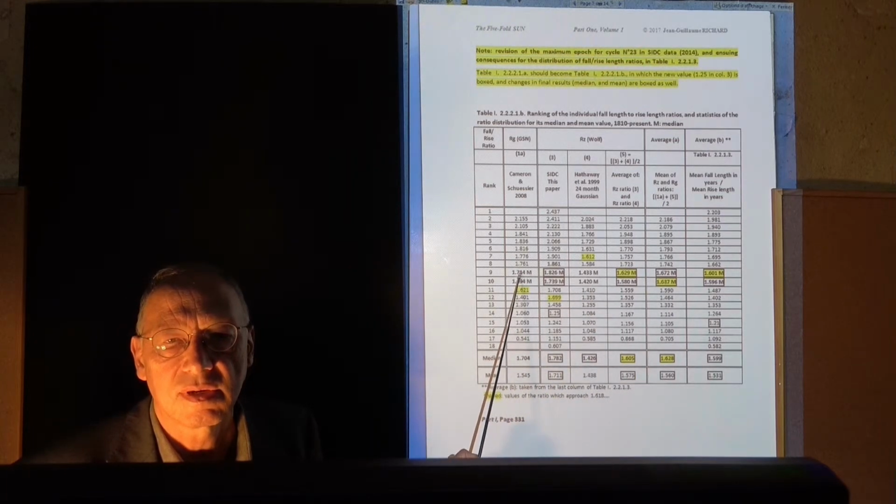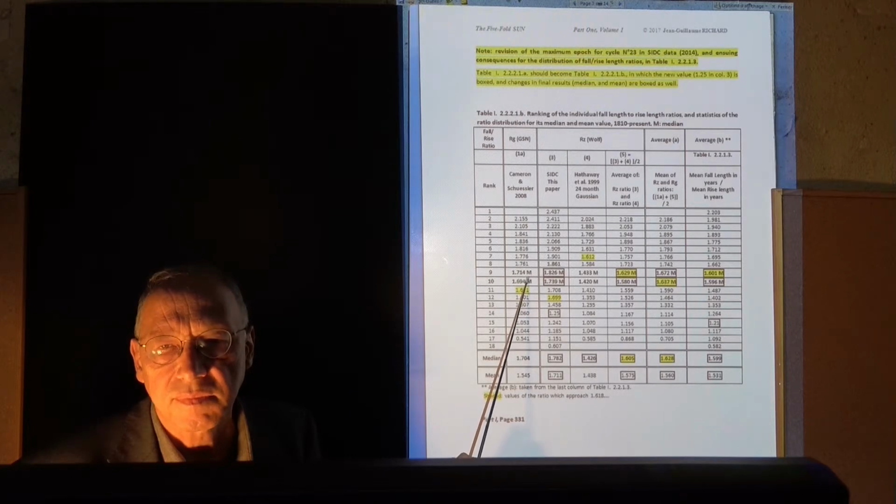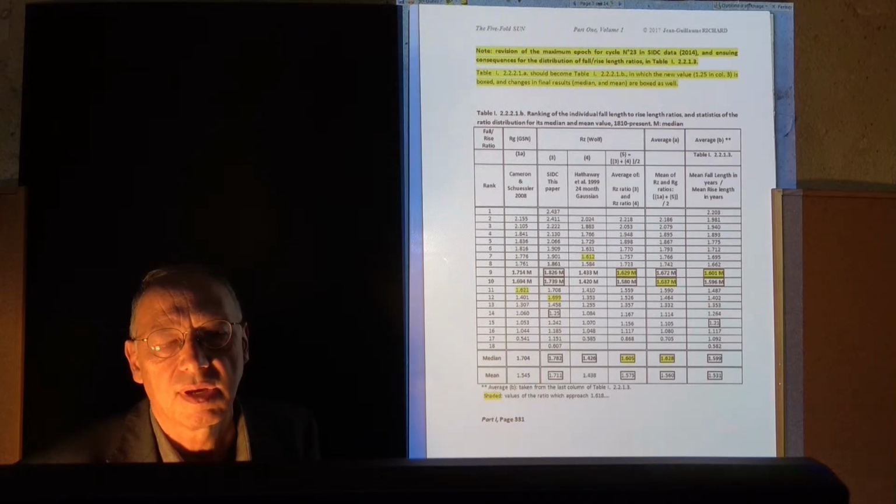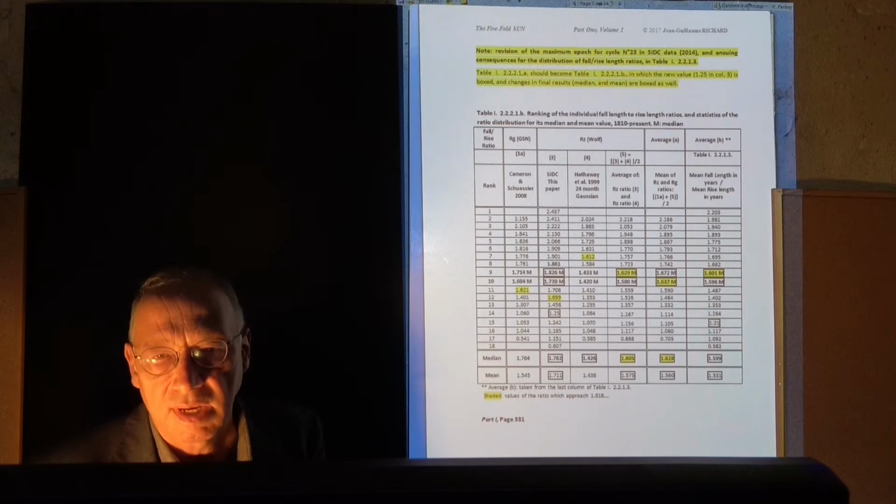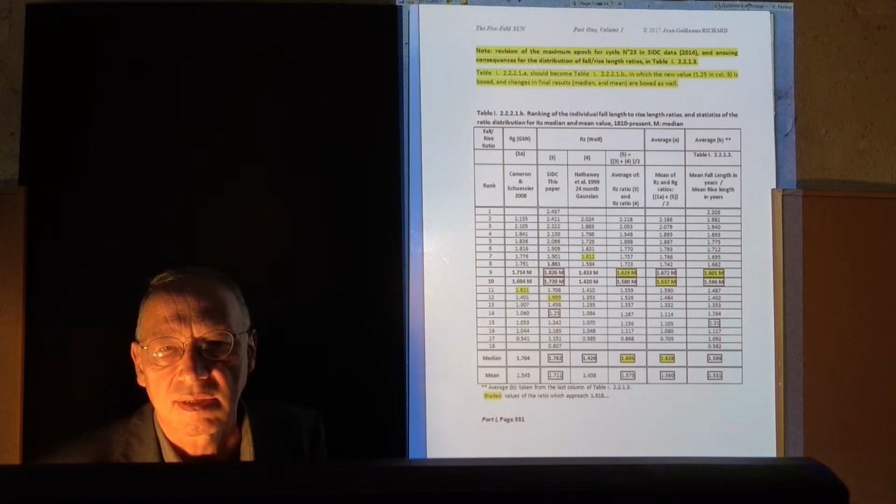For instance, here 1.714, but it has to be averaged out with the other median of the even number of variables, of quantities. So 1.7 is really the ceiling in this list of quantities of median values.